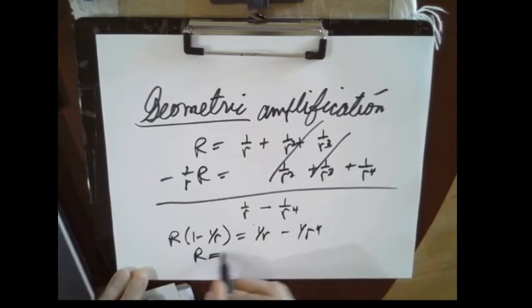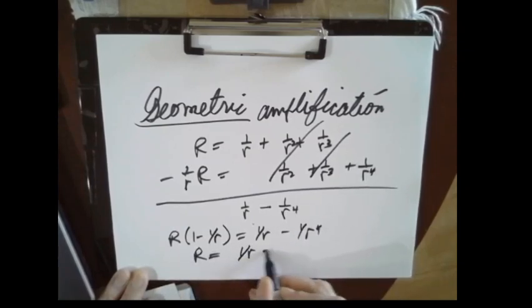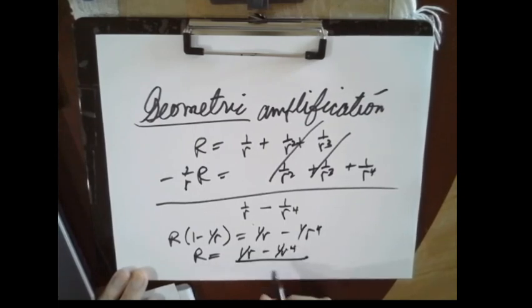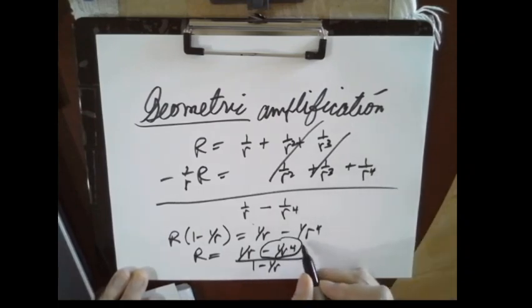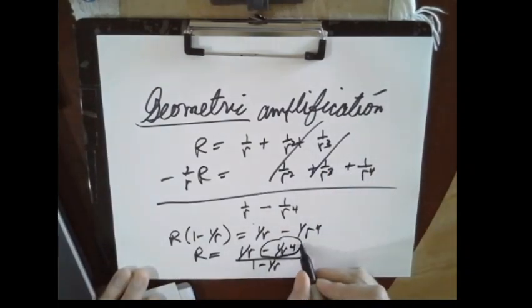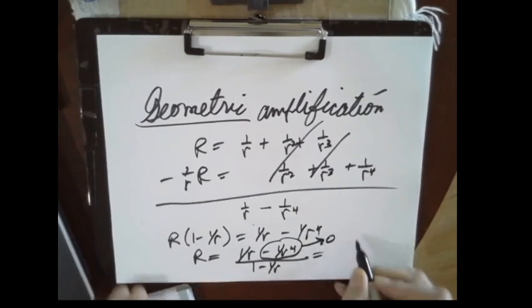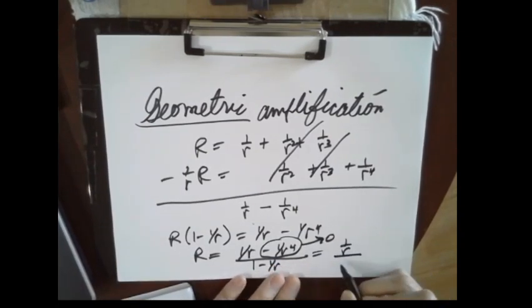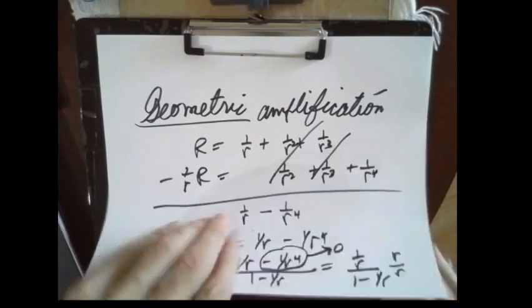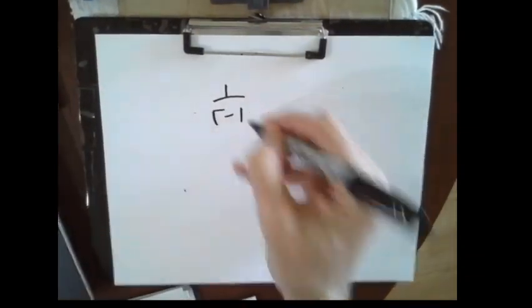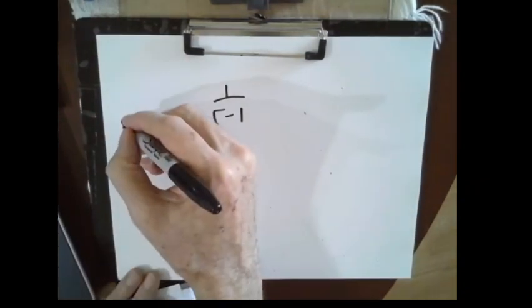You do a division and you get 1 over R minus 1 over R to the K over 1 minus 1 over R. This pattern holds for general K, and this goes to 0, leaving you with 1 over R, over 1 minus 1 over R. Multiply that by R over R, and you get 1 over R minus 1. So you could do it this way.